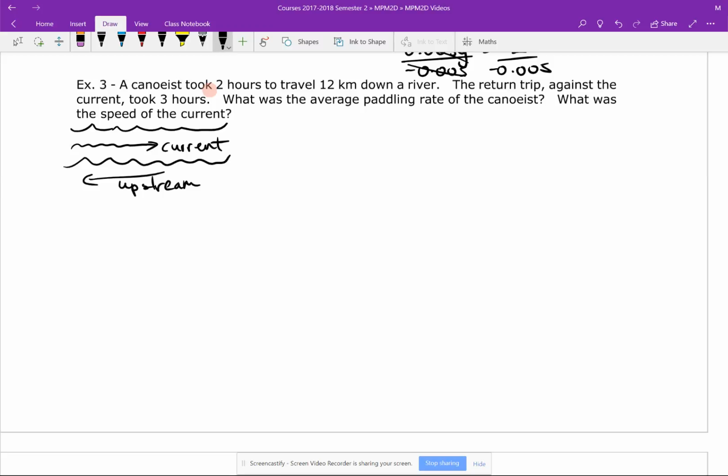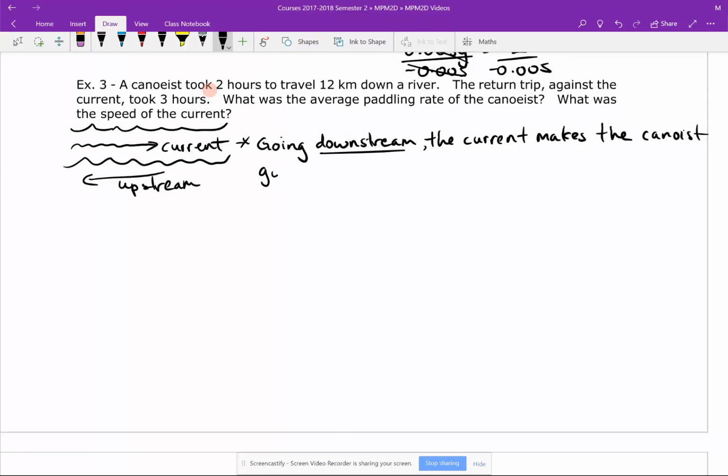All right. So then the speed is the average between going with the current and then going against the current. Okay. So let's write this down. So a little star here. Little science lesson for you here, a physics lesson. So going downstream, the current makes the canoeist go faster because the current is helping you, pushing you along.